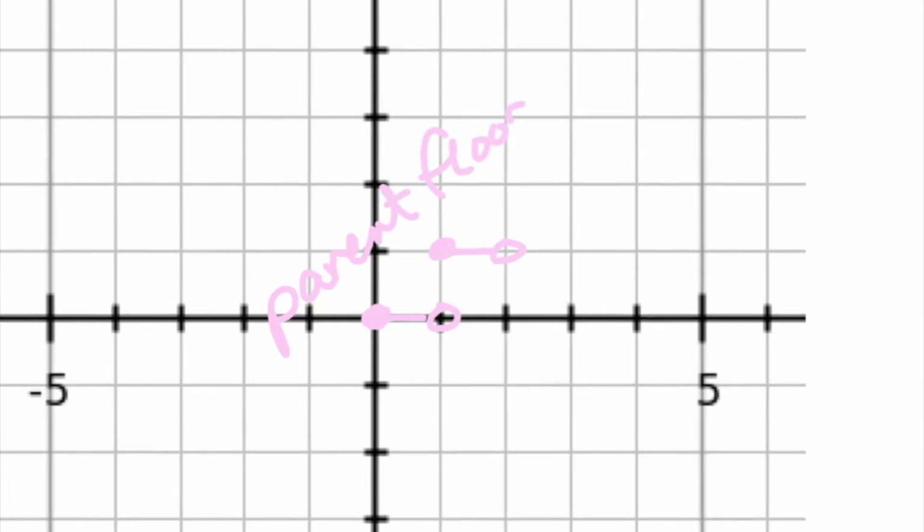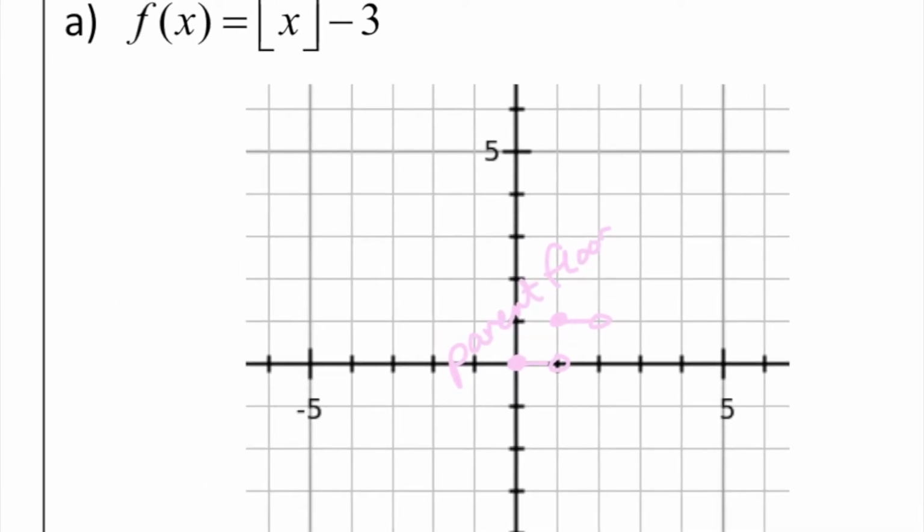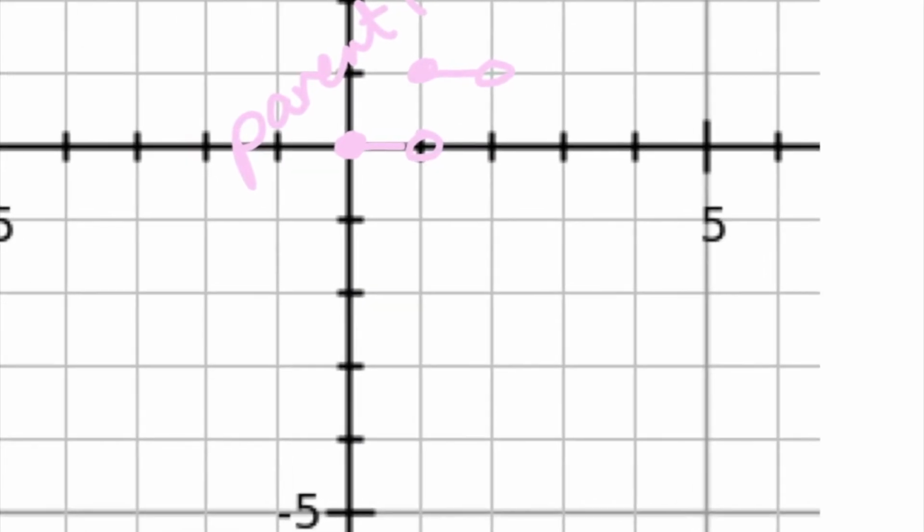And in Desmos, and because you understand transformations, this whole thing would be shifted down 3. And so then Desmos showed you that these are now going to each be like this, still 1 unit apart.